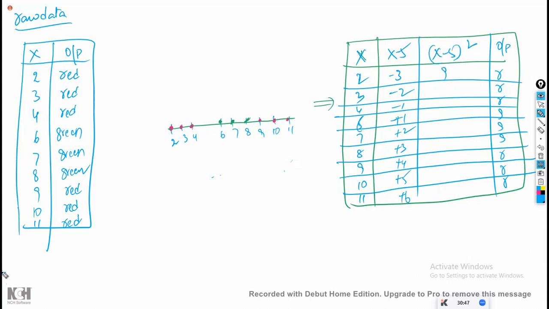That is 9, 4, 1, 0, 1, 4, 9, 16, 25, 36. Now you make a plot between these two. Draw the diagram in your notes, by considering these two that you have created, x minus 5 versus x minus 5 whole square.